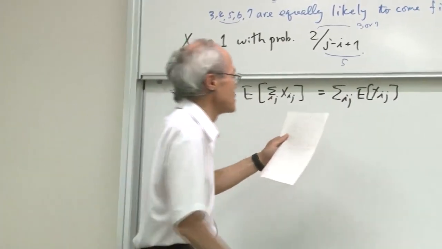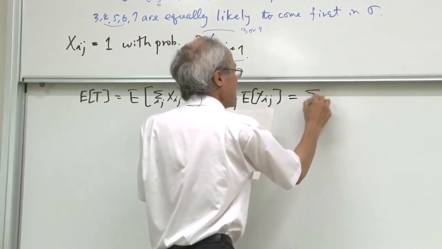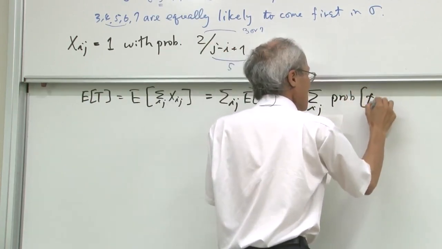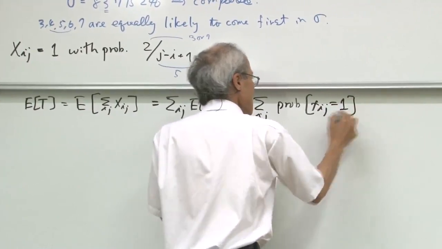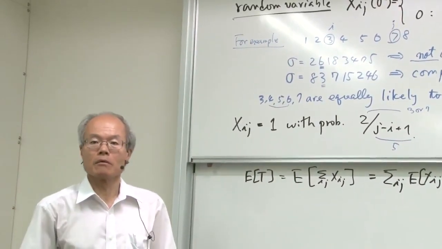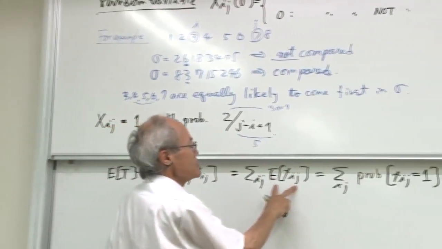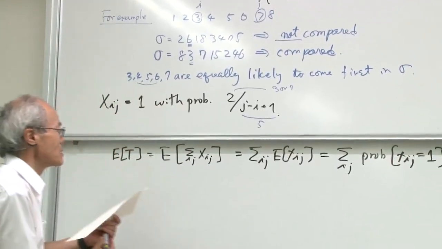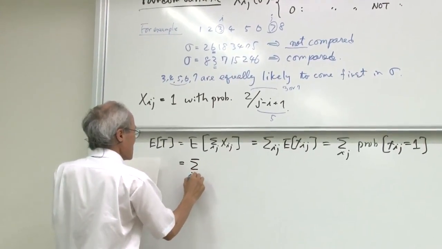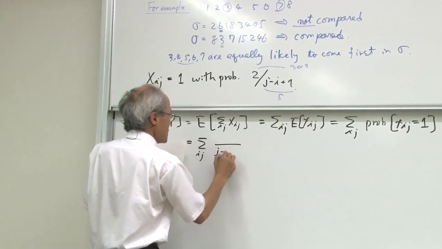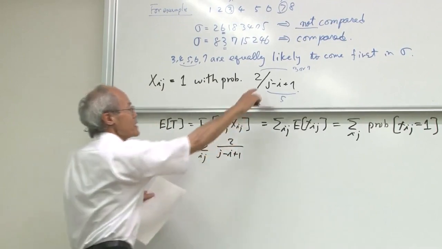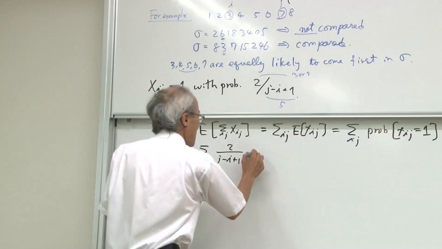Linearity of expectation. Because our random variables take just 1 or 0, the expected value is the probability of Xij equal to 1. Then I just plug in this value.